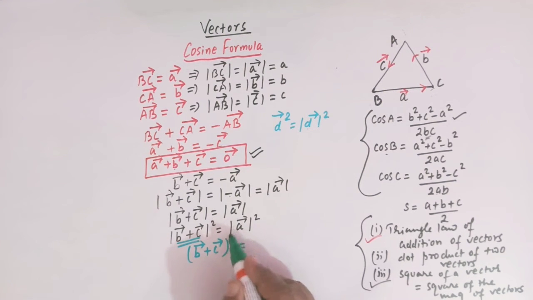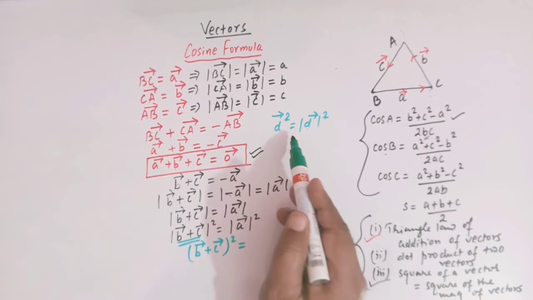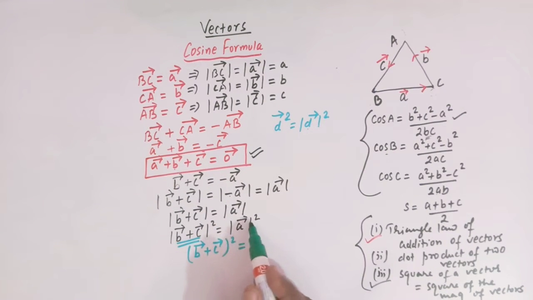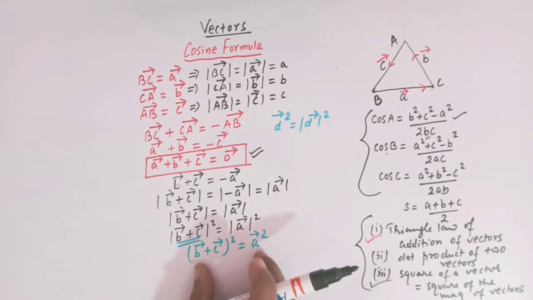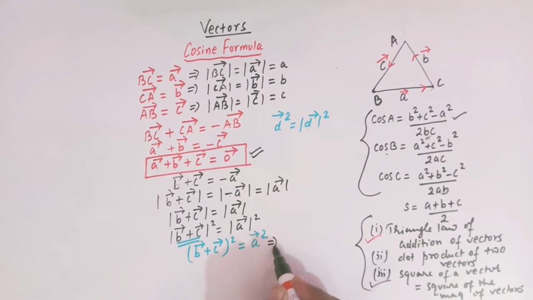And if we again use this result, the square of the magnitude of vector a is replaced by simply the square of this vector a. So this relation can also be written like this: here we have the square of the sum of the vectors b and c.